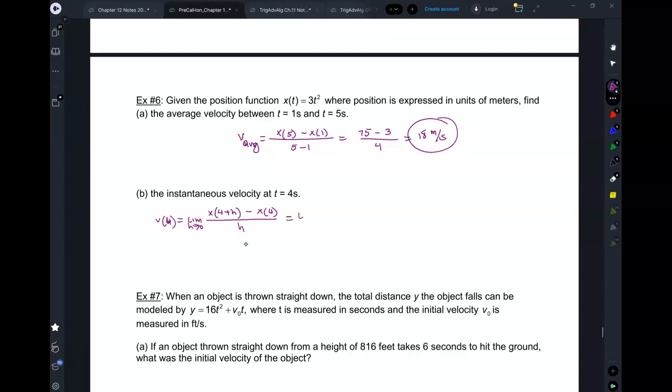So this is the limit as h approaches 0 of x of 4 plus h. Don't you have to plug it into the 3t squared? Yeah, I'm going to do it right now. So it's going to be 3 times (4 plus h) squared minus 3 times 4 squared, all over h.